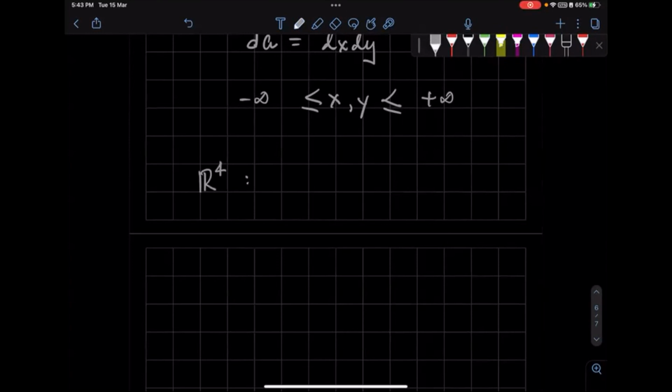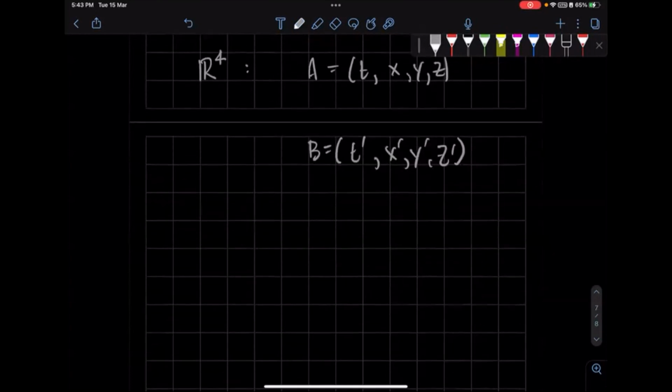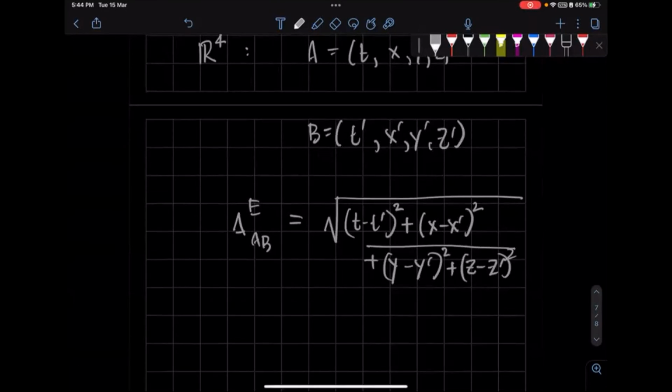The natural metric on that, for two points A and B, where A is (t, x, y, z) and B is (t', x', y', z'), the Euclidean metric delta AB is the square root of (t minus t') squared plus (x minus x') squared plus (y minus y') squared plus (z minus z') squared, right? So this is what the Euclidean metric is.